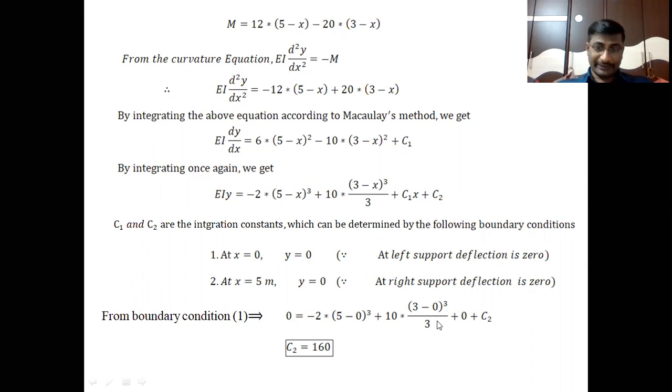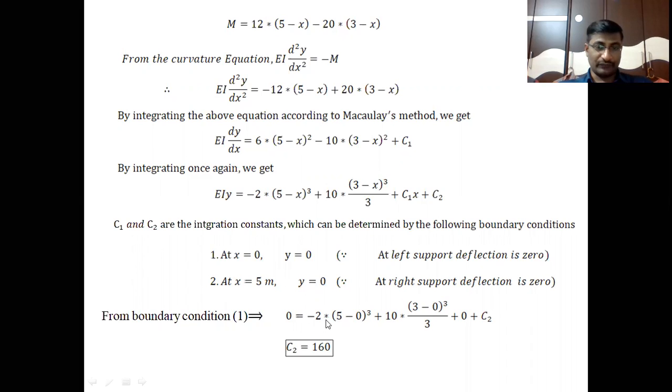So from this expression, we will get the c2 value as 160. Okay, after calculating, 5 minus 0 whole cube means 5 cube, 125 into 2 is 250, minus 150. 3 minus 0 whole cube means 3 cube, 3 cube by 3 is 3 square, so 3 square is 9 into 10, 90.